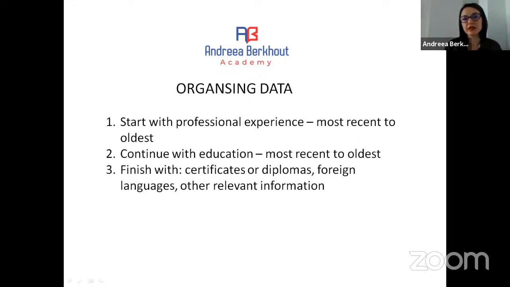You cannot include any ones that cannot be proven, because you might be asked to prove that. If you have any skills acquired in other types of classes, courses, seminars, workshops where you don't have a certificate for, not even an attending certificate, then you would include those in your summary maybe as personal skills.